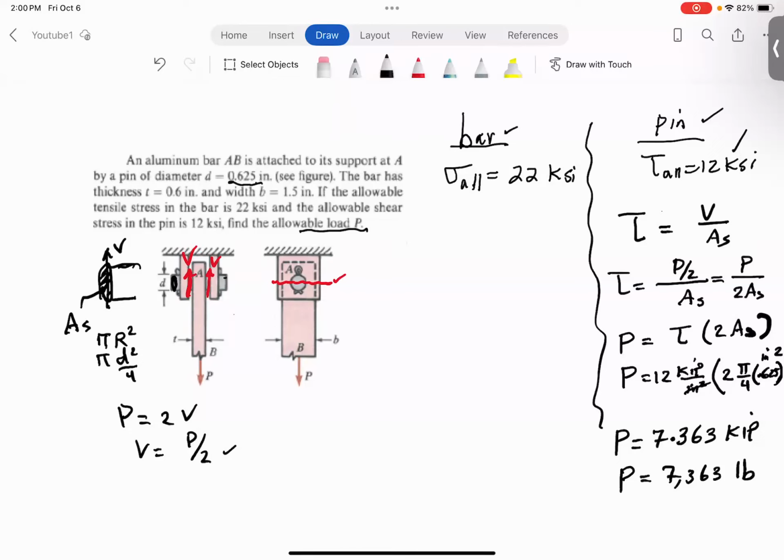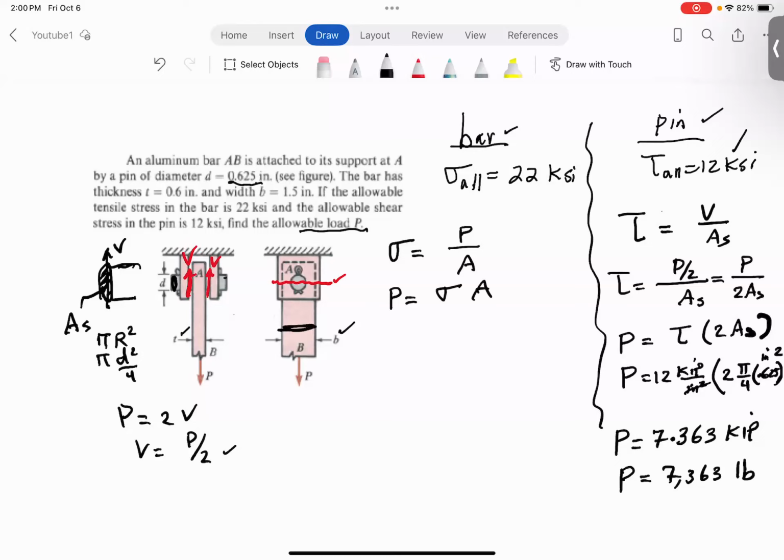So based on that, first of all, start with the definition of sigma. Sigma is just simply load over area. Therefore, load is sigma times area. But the area is not just B times T, right? That would be the cross-sectional area here.